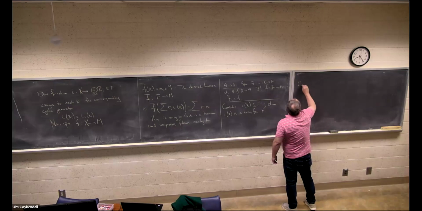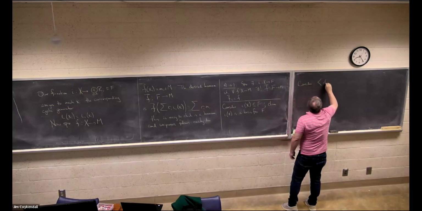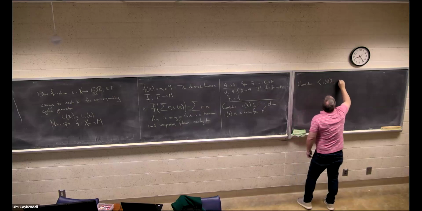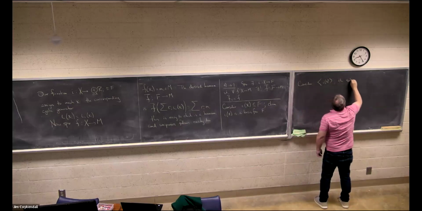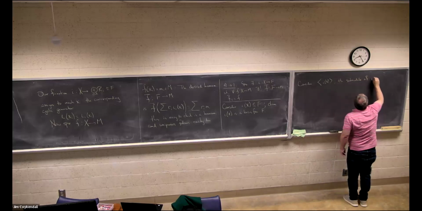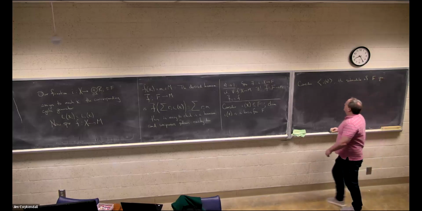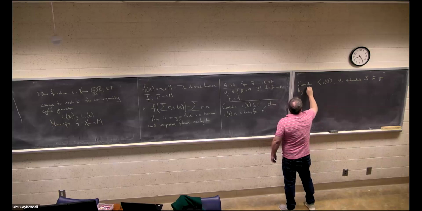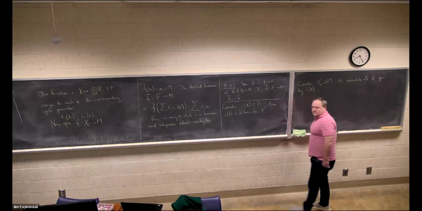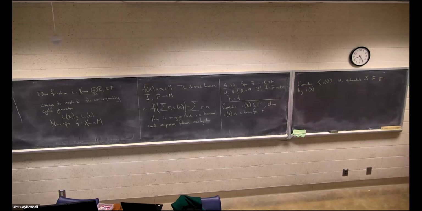So let's consider the submodule generated by iota of X. We want to show it's everything. Any ideas how we can show this is everything?